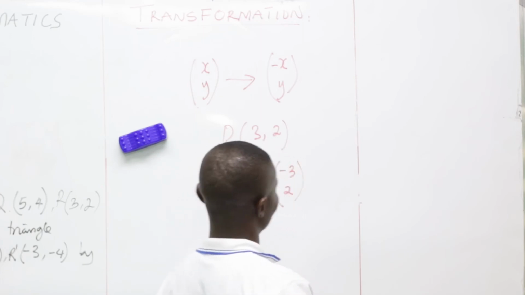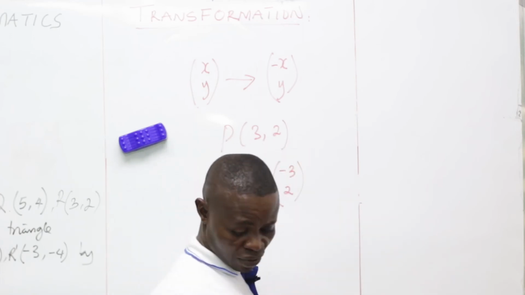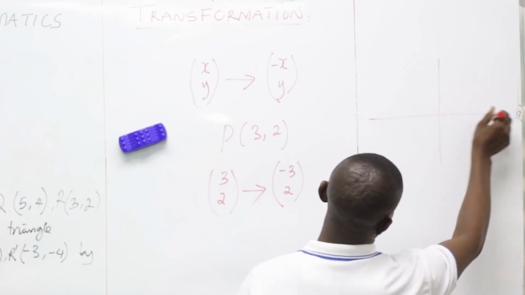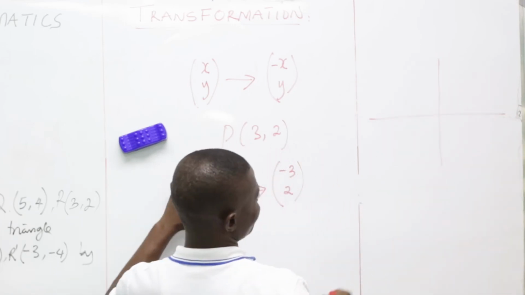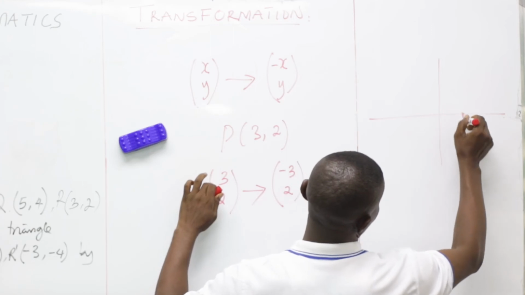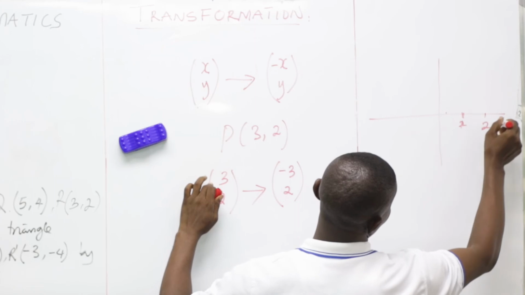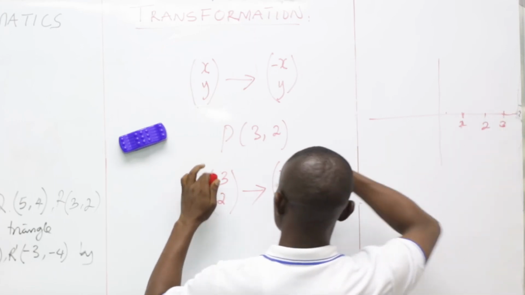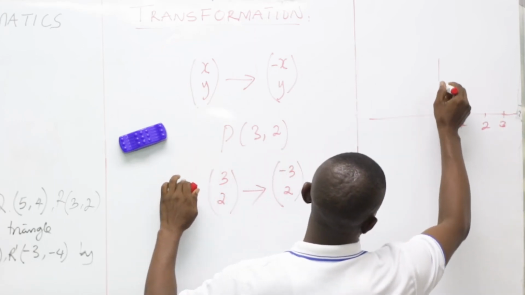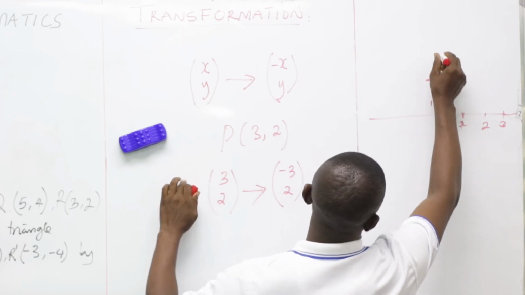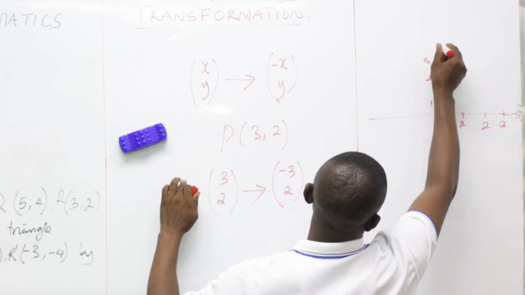Some of you may be wondering how this thing actually goes. Let's look at a little sketch of a graph. This is an object. This is, let's say, 1, 2, 3. Look at it. It's only the positive side we have. So this is 1, 2, 3.